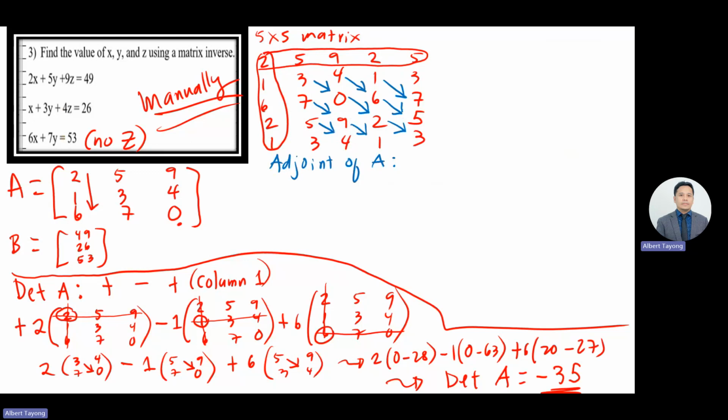To do that, we have to, of course, multiply diagonally minus the right diagonal. So 3 times 0 is 0, minus 7 times 4 is 28, so negative 28. And then we go to the right. Okay, this is going down, but when we write, we have to go to the right.